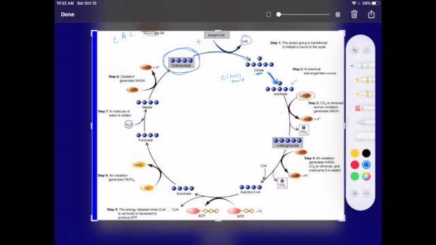NAD plus forms NADH, so we get some NADH right there. And ooh, look, one more carbon is booted out as CO2. Over here, next chemical reaction, we lose another CO2 and we make another NADH.